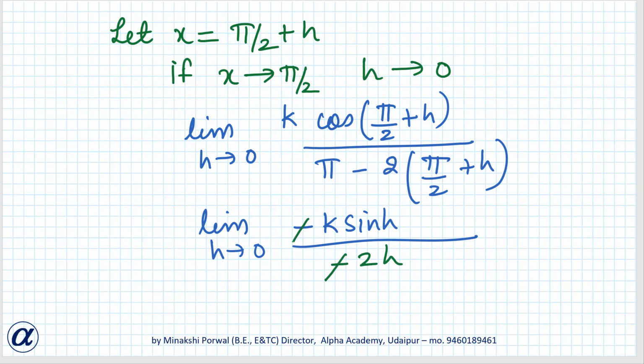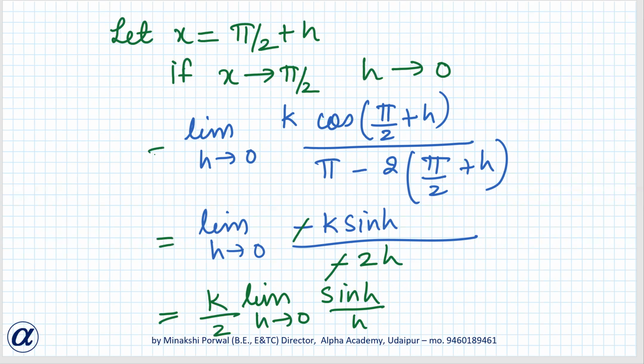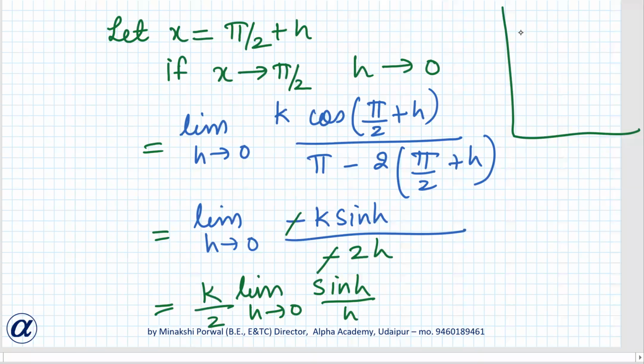Minus and minus cancel. Limit h tends to 0, sin h upon h, k upon 2 is a constant, so I am writing it outside. We have seen yesterday the formula from 11th class, limit x tends to 0 sin x upon x equals 1. So this thing will be equal to 1, and this will be equal to k by 2.